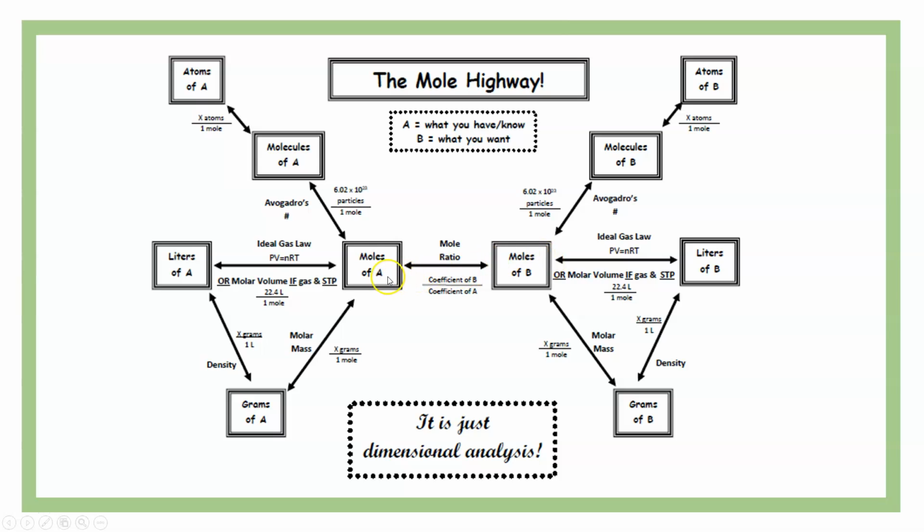All you have to do is now add in a mole ratio so that you can get to the other side. It's important to know that on the left side, your molar mass is going to be the one for the molecule A, and on the right-hand side, your molar mass is for molecule B. So make sure you're paying attention to which formula you're using during your conversion.